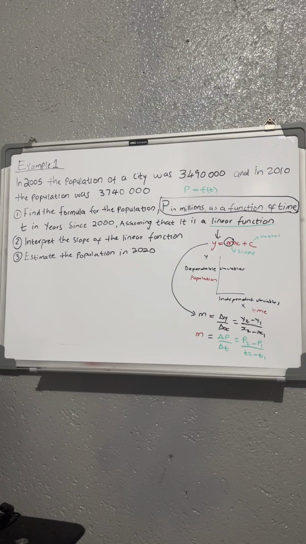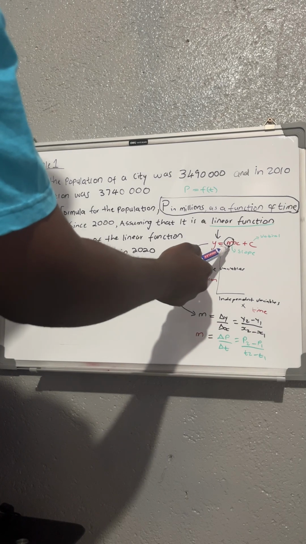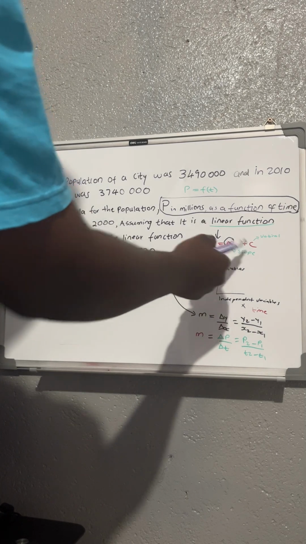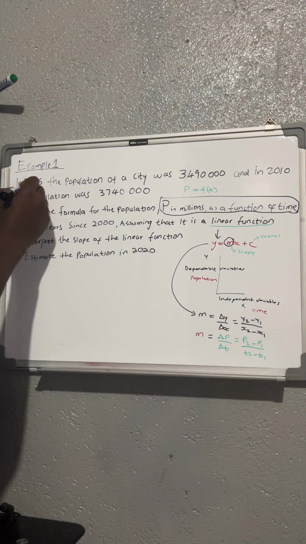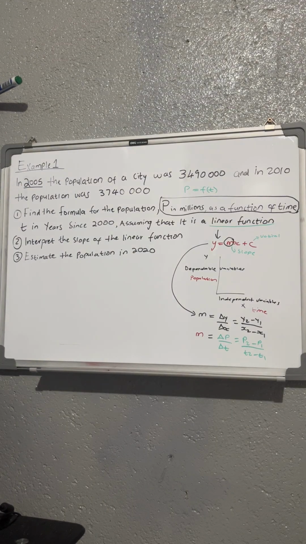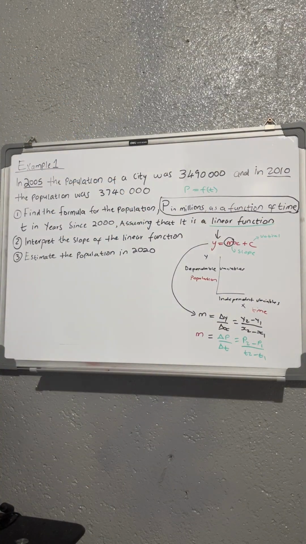And if we can calculate our gradient, which is our m, we can basically use one point to find our c. So where are exactly those points? Because they have to be somewhere hidden within the question. So if you go and check carefully, we do have this one, which is your 2005, and we also have this one, which is your 2010.